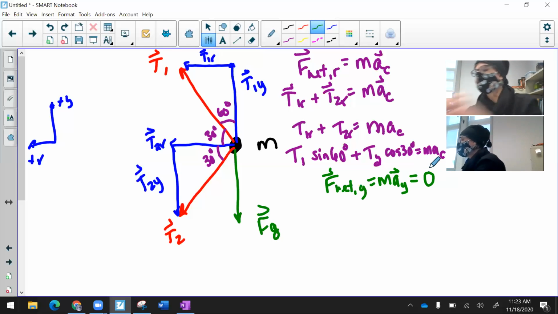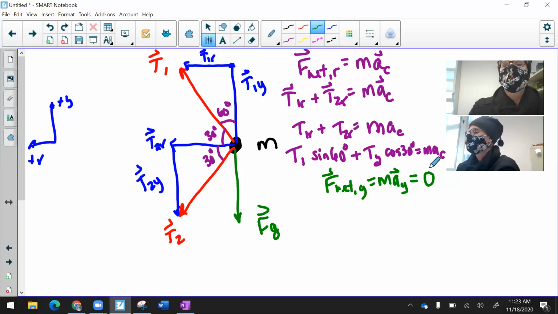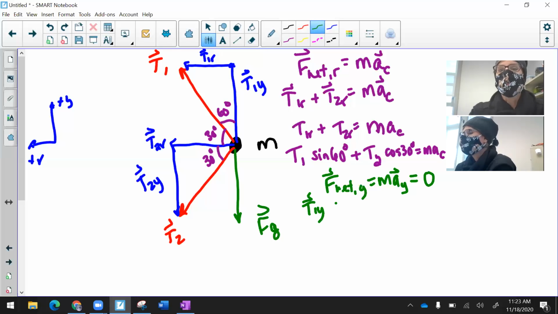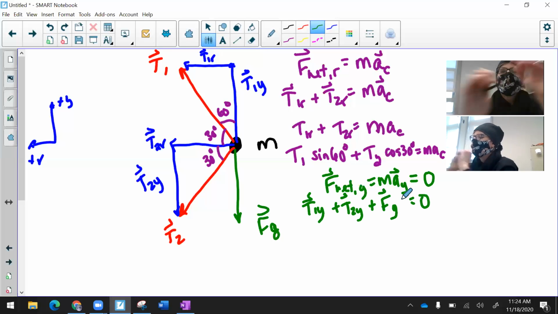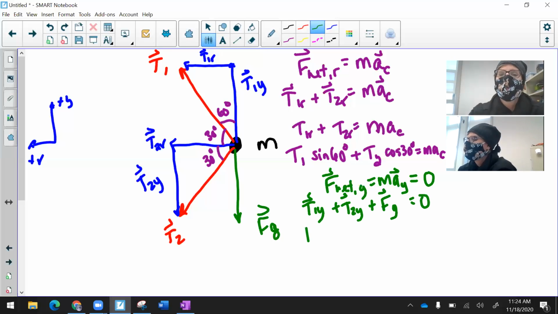So what are my forces in the y direction, excuse me? So I have T1y plus T2y plus FG, and when I add those all up, they have to be equal to 0. Okay, T1y positive or negative? T2y positive or negative?